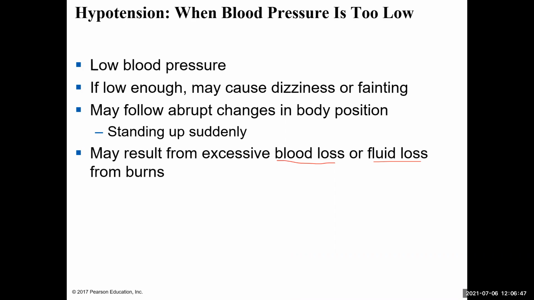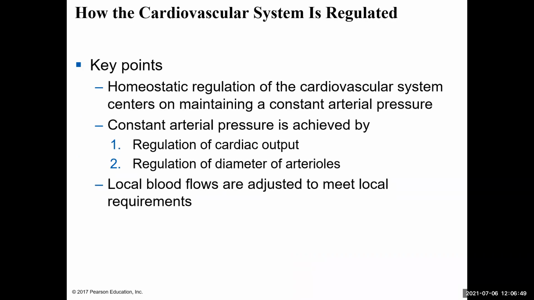Okay. And so the way our body regulates blood pressure is through homeostatic regulation mechanisms. The homeostasis is centered around a set point that focuses on a specific arterial pressure.